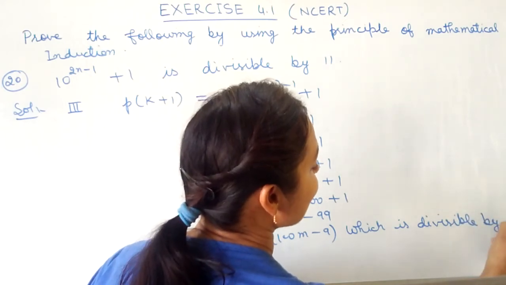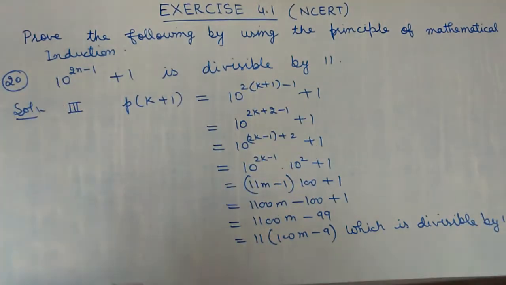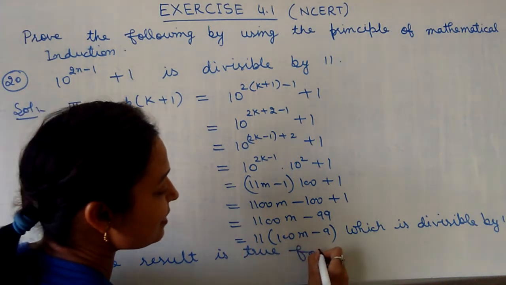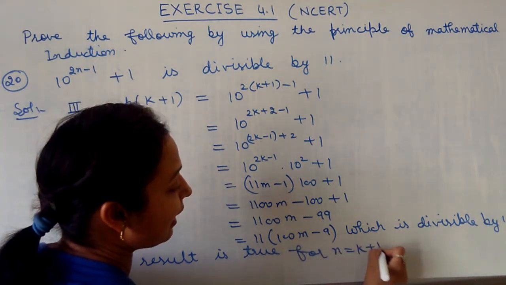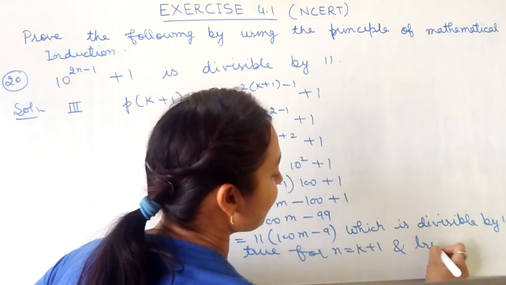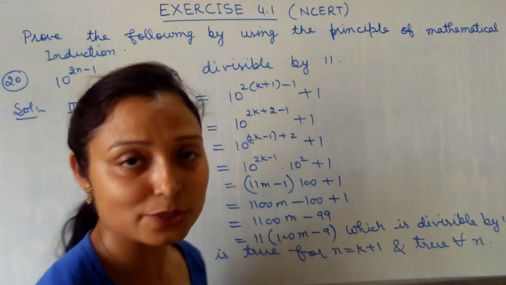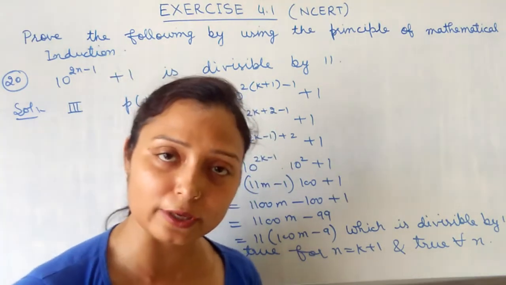So this is the way to solve this type of question. This implies the result is true for n equals k plus 1, and true for all n.